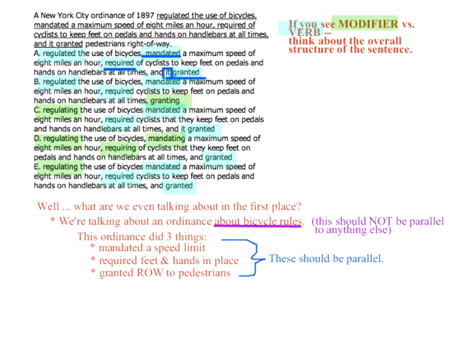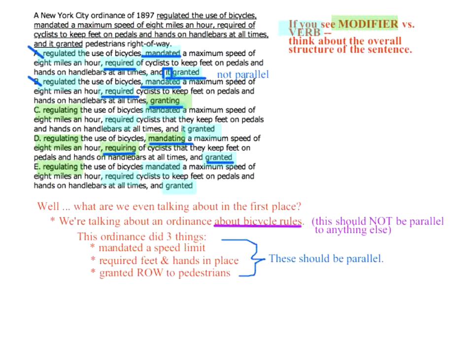If you don't understand why, then watch the study halls on parallelism. There's plenty of examples of that. The granting here spoils it. It's mandated, required, granting. And then same thing, but the other way around. Those 3 are not parallel.